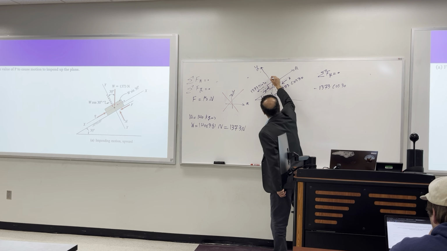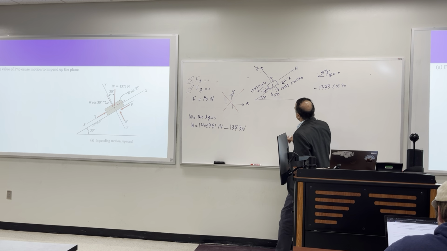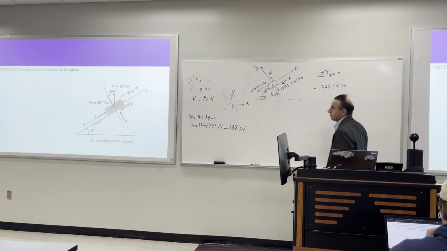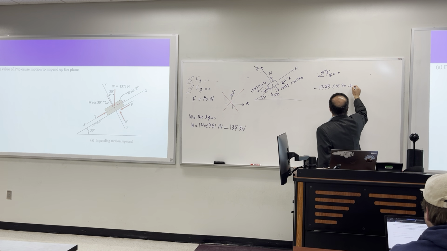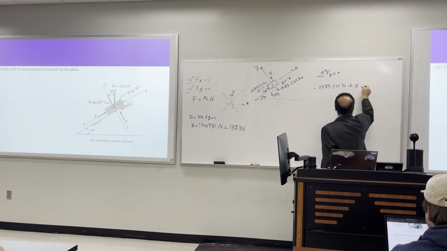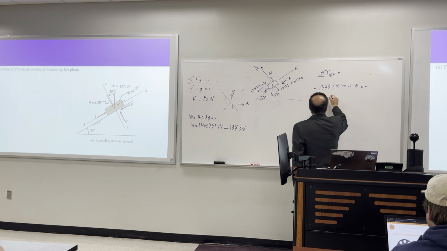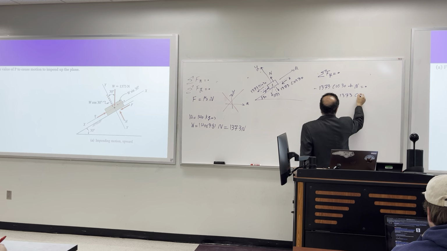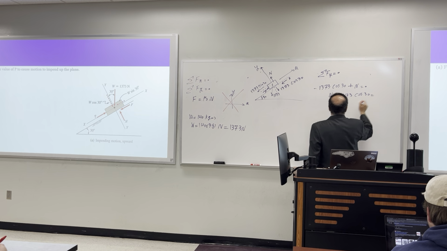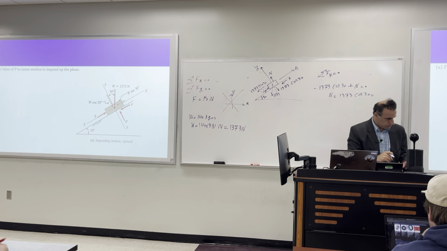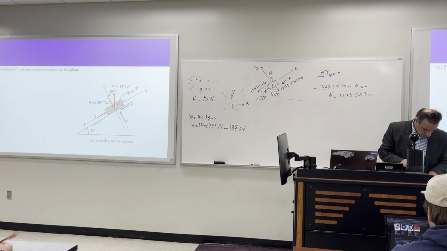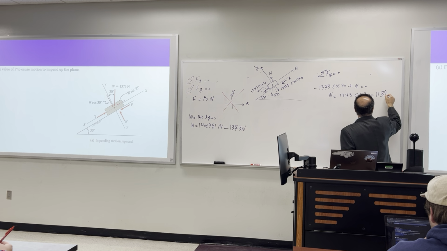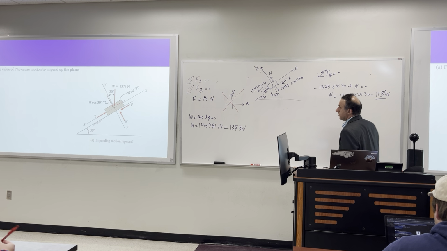I forgot to draw N. N is going to be the perpendicular surface force, right? Plus N. My N is 1373 cosine 30, which is how much? 1189. Okay.